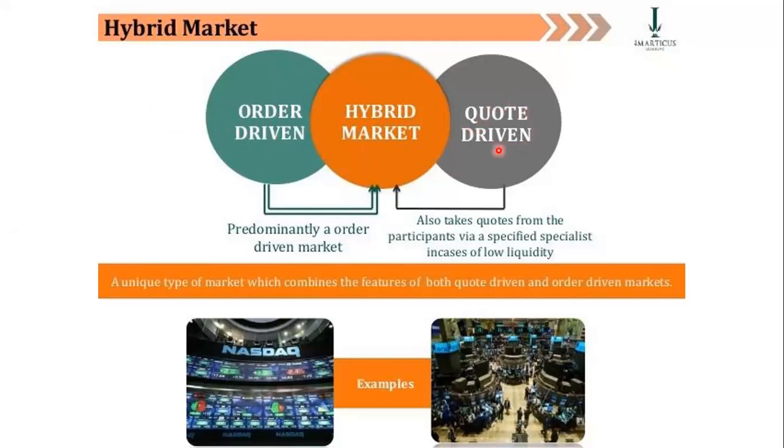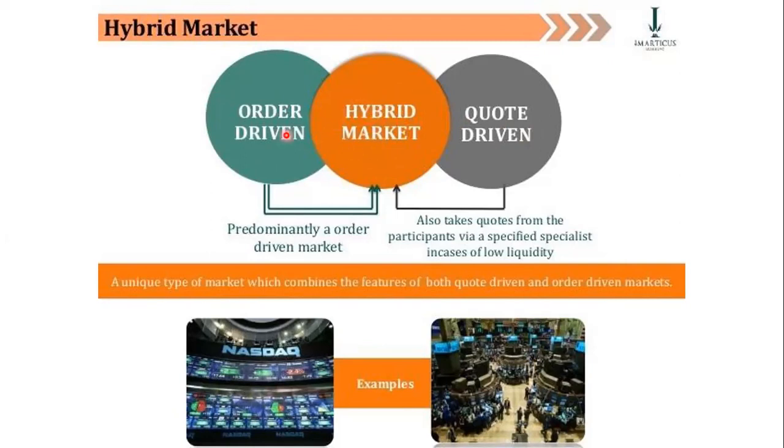And in the quote-driven market, you can find the brokers, market makers, and you can find the quoted prices, bid and ask. And you are unable to find how many stocks are available. So the hybrid market means a market which combines both. You can find the characteristics of both the order-driven market and the quote-driven market.